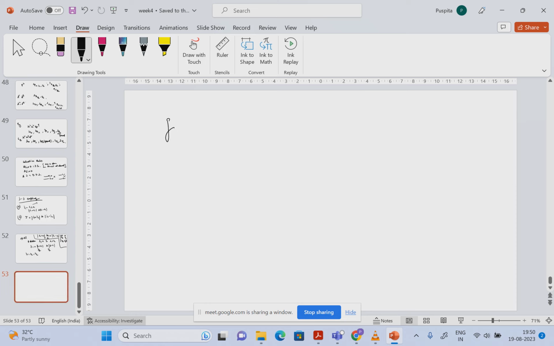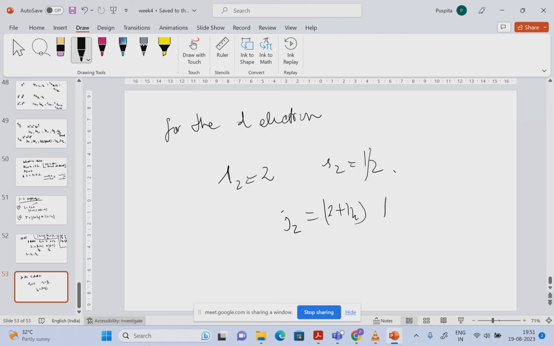And for the d electron, l2 is equal to 2, s2 is equal to half. So j2 is 2 plus half, 2 minus half.